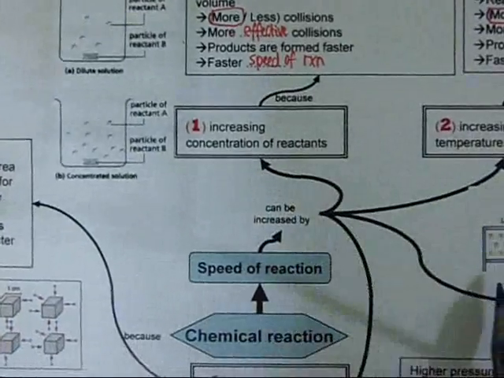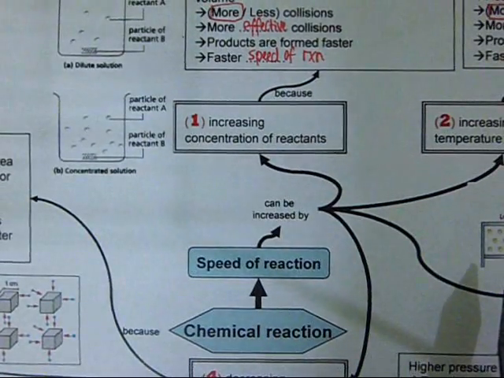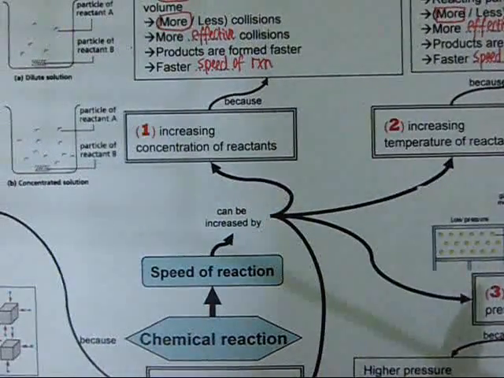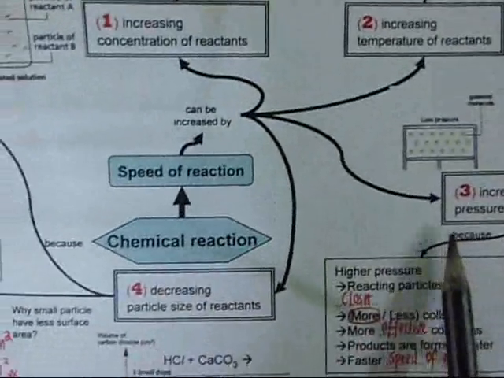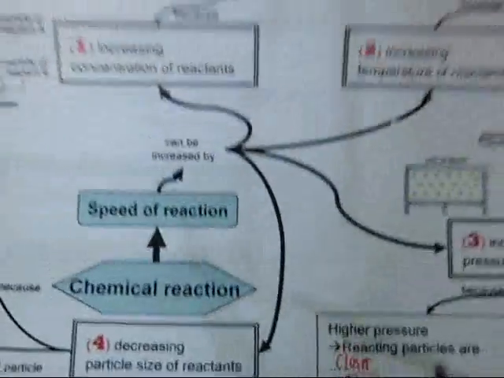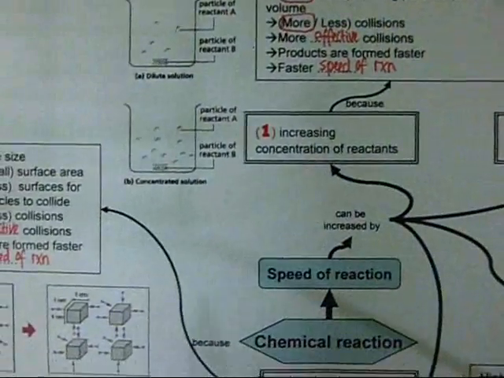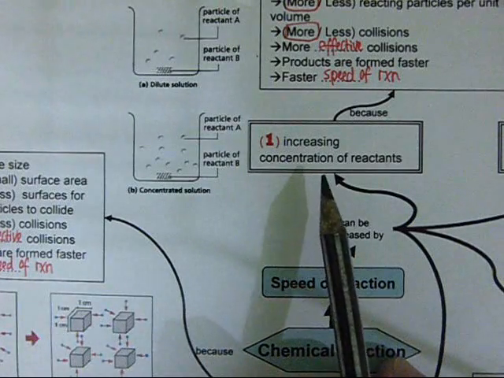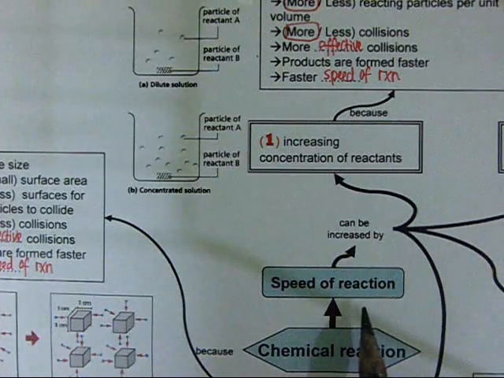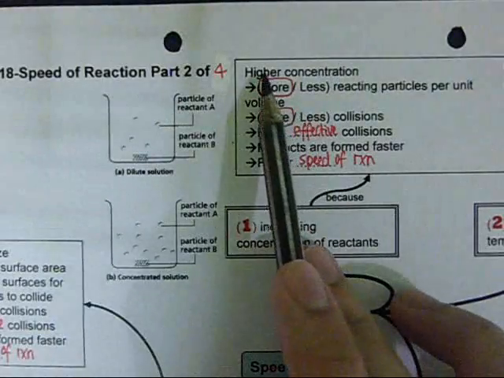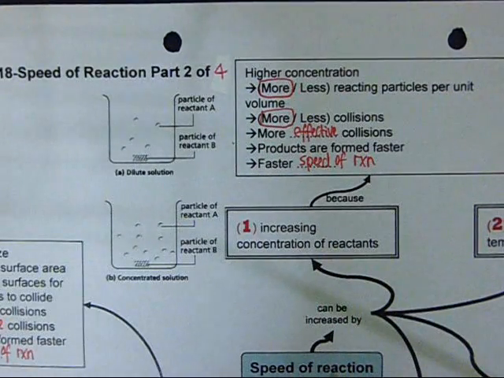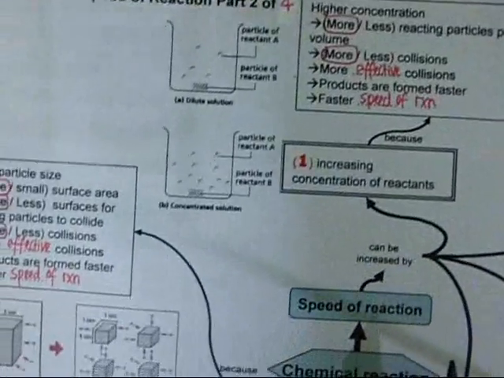So there are 5 factors affecting speed of reaction you need to know: increasing concentration, increasing temperature, increasing pressure, decreasing the particle size, and using catalyst. And why? For example, you could be asked, why does increasing the concentration increase the speed of reaction? So for each of these factors, you need to be able to explain why speed of reaction is decreased or increased.